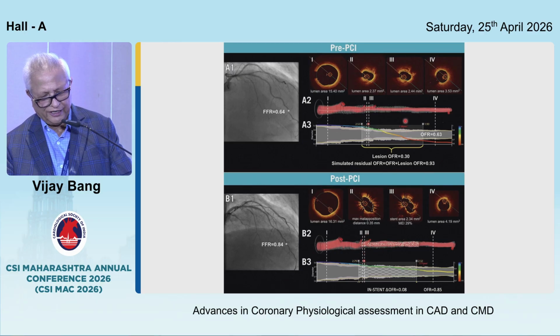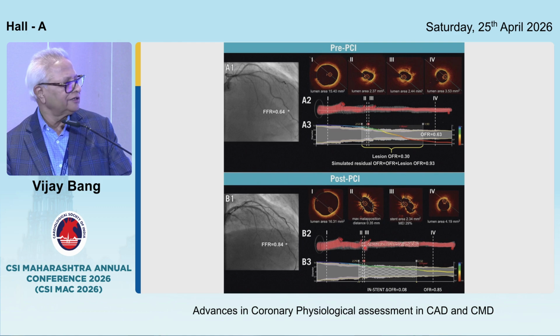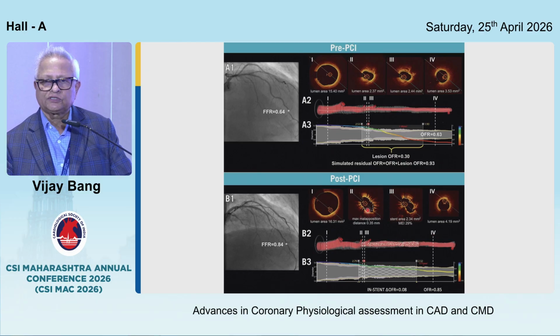You can see these 3D images, 1 and 2, and here you can see the stent, and it says there's level 2 and 3 co-registration. The stent needs optimization. Then it is optimized, and you see the OFR was 0.63 to begin with, and it improved to 0.85. And if you see the OCT images, they also suggest that at 2 and 3, there's an under-expansion of the stent.